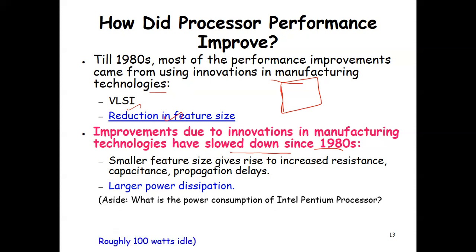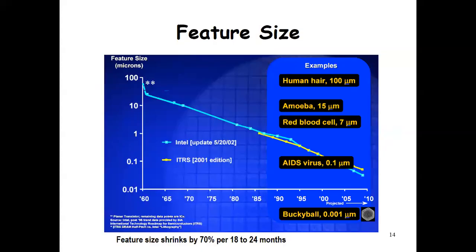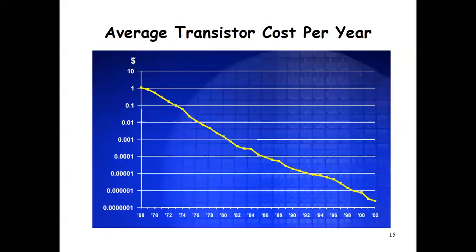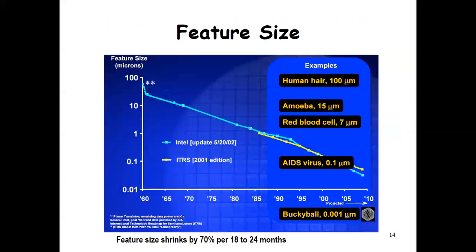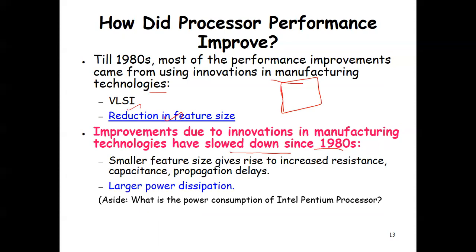So after the 1980s, how is the performance increasing? After the 1980s, the performance improvement is basically because of the RISC instruction set and other things.